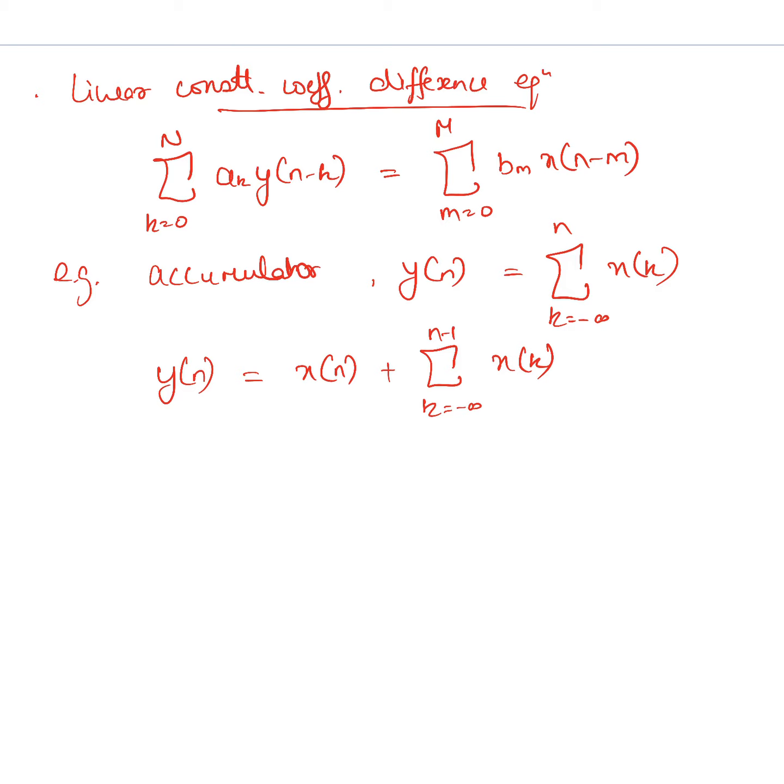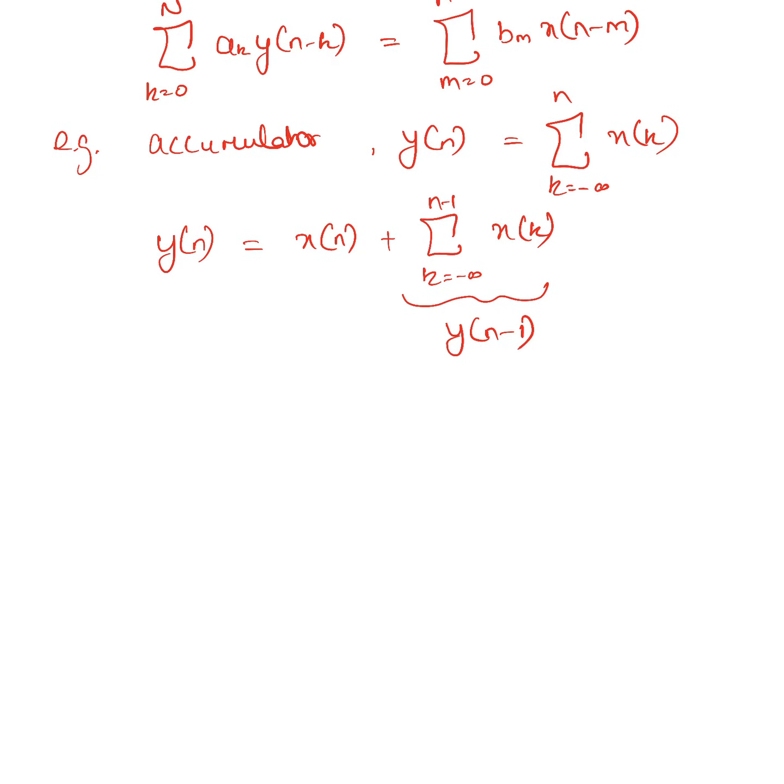Now see that this can be written as y of n minus 1. So you would have y of n minus y of n minus 1 is equal to x of n. Right?